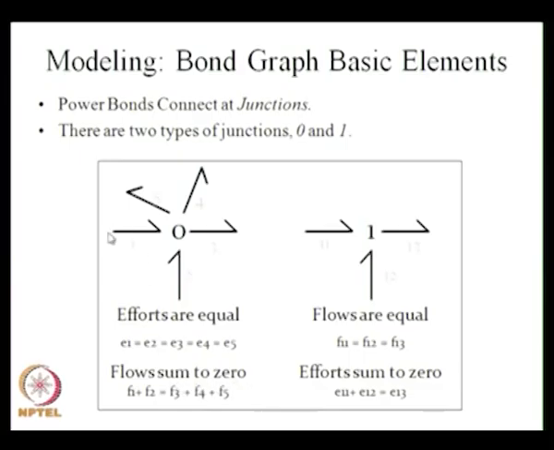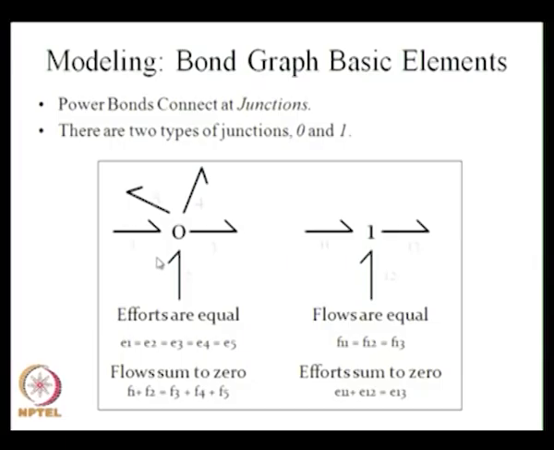This arrow represents the flow coming inside. So 1 and 2 are coming inside and 3, 4, 5 are going outside. Whatever flow is coming inside should be equal to the flow going outside, that is F1 plus F2 is equal to F3 plus F4 plus F5, so the flows sum to 0. That is the 0 junction. You have a common effort and the flows add to 0.